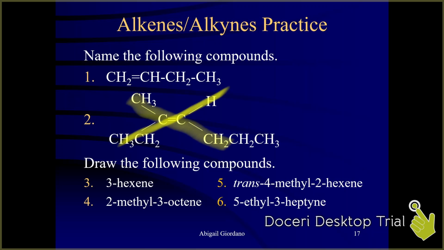Hey, you need to include cis and trans in the name. But look at number 1. I see a double bond. It's definitely an alkene, but I don't see that X shape, so you do not need to include cis or trans in the name.